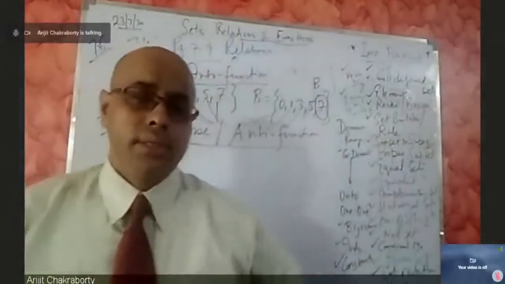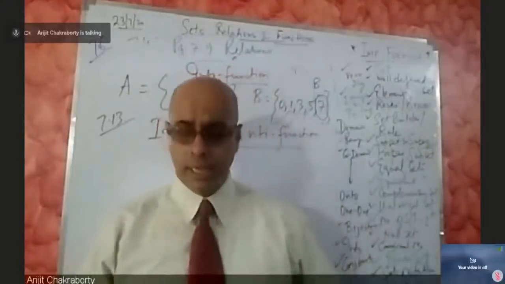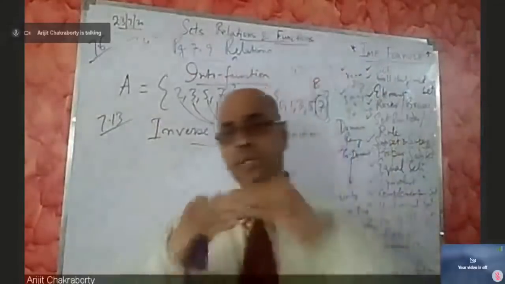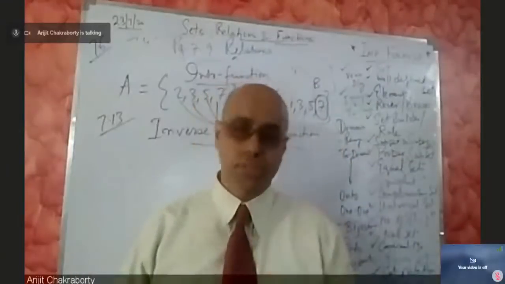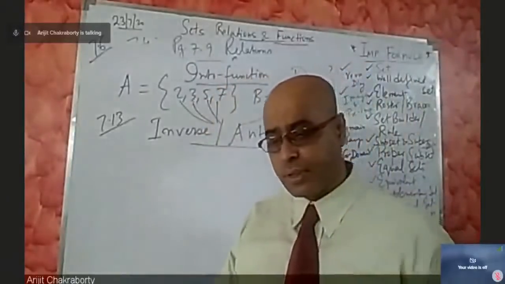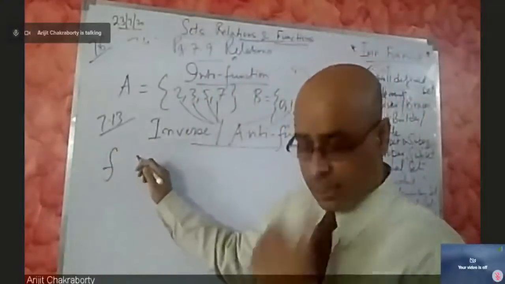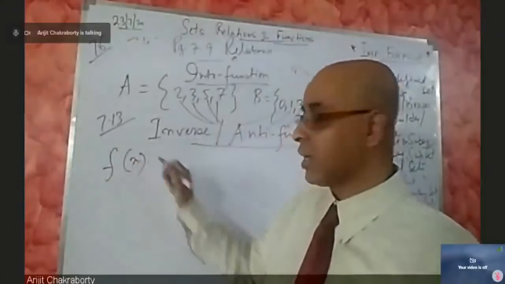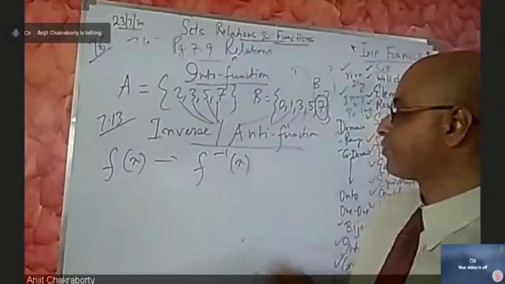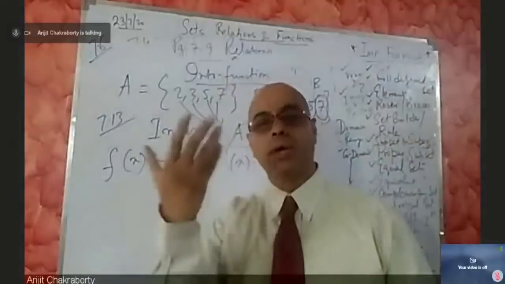We always use the word anti to mean opposite. So you are having a function and its inverse, the opposite. So it's a reverse function. If the function is f(x), the inverse is shown as f inverse x, f to the power minus 1. Inverse, opposite.